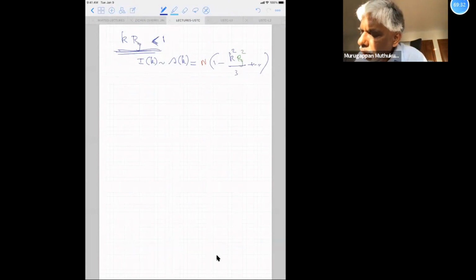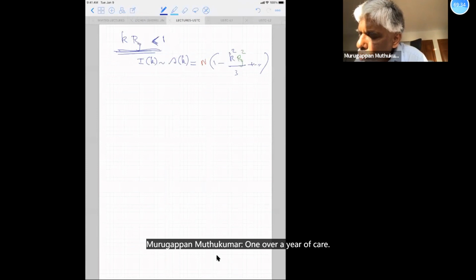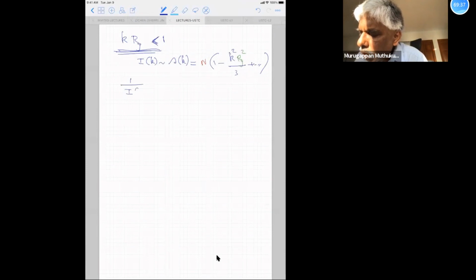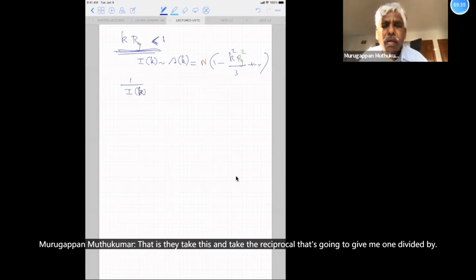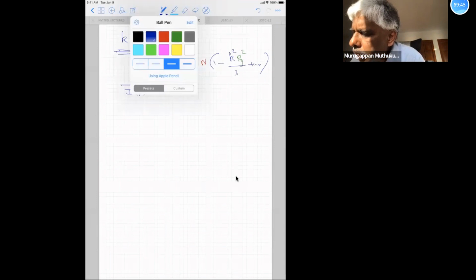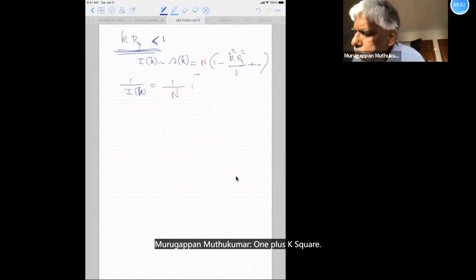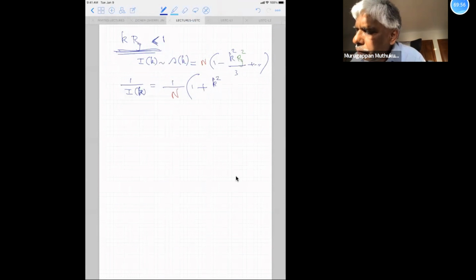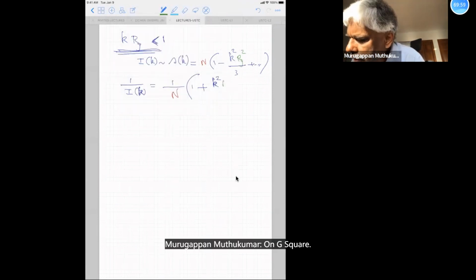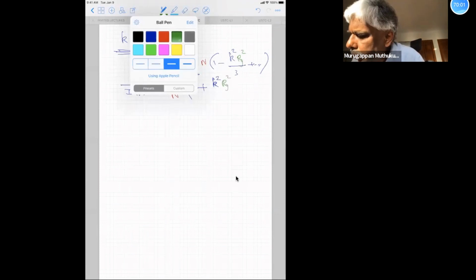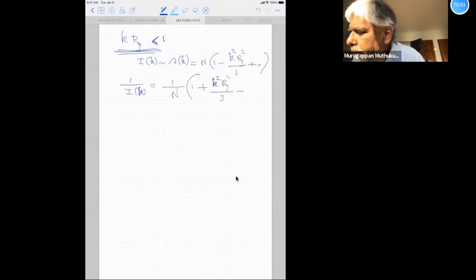That means 1 over I of k, that is, I take this and I take the reciprocal, and that's going to give me 1 divided by n, right? And then 1 plus k squared Rg squared divided by 3 plus etc.